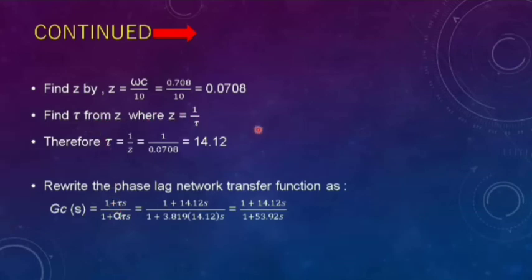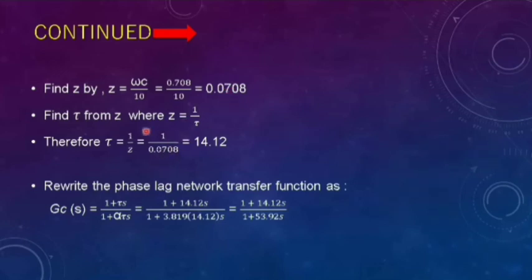To find tau, we are going to use the formula 1 over z, where z is equal to omega c over 10. Using the omega c value that we have obtained earlier, 0.708 divided by 10, we get our z value, which is 0.0708.